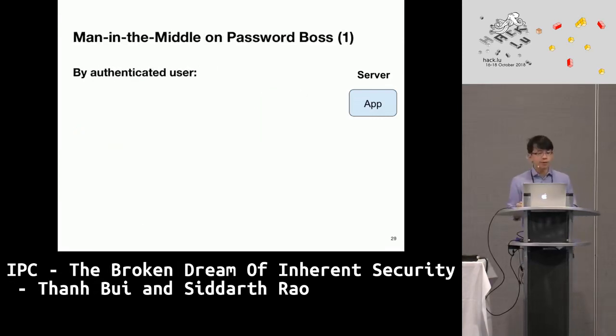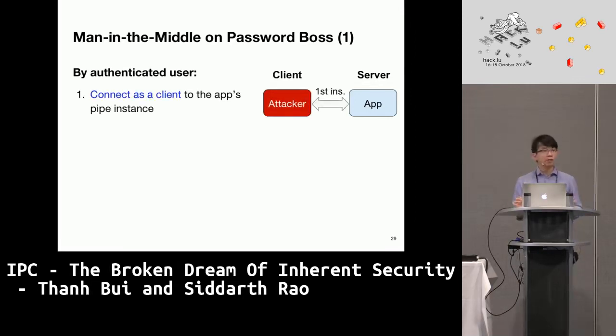Let me first show how the man-in-the-middle attack could be done from an authenticated user. As I mentioned, when the app starts, it creates a named pipe and waits for a connection from the native messaging host. First, the attacker just needs to connect as a client to the app's pipe instance.